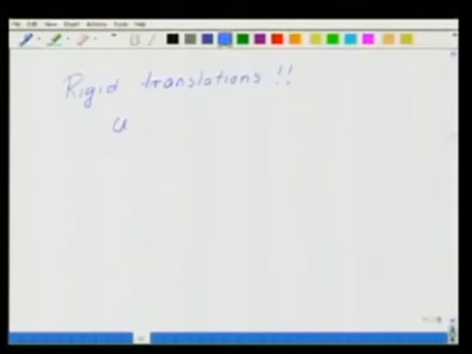From physics, what does this mean? It means rigid translations. If my u of x is equal to some constant, that is, the whole bar is moving as an entity, then the stress and the strain at any point in the bar are 0.